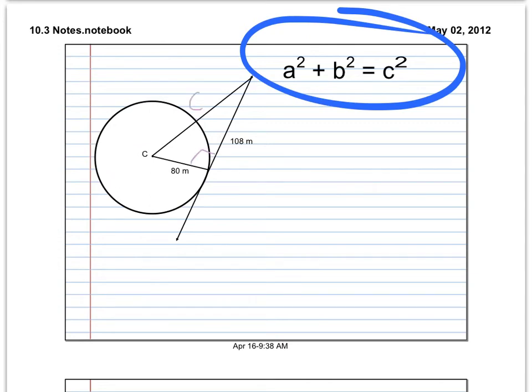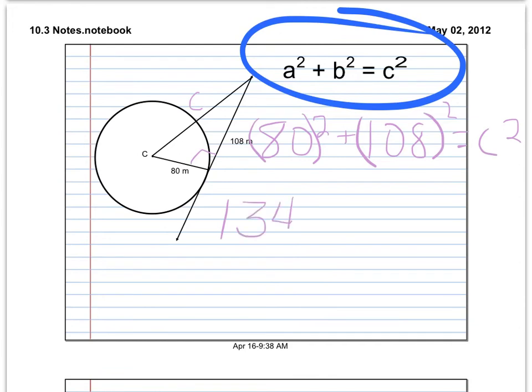A will be 80. B will be 108. A squared plus B squared equals C squared. Square each one, add them together, find the square root. C will be 134.4 meters. So that's this length right here.